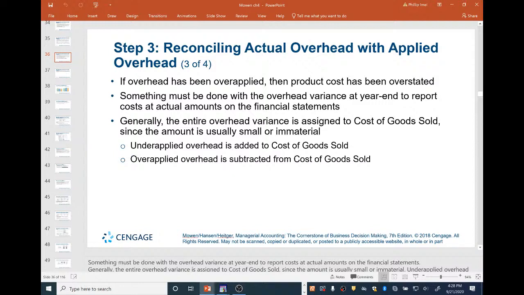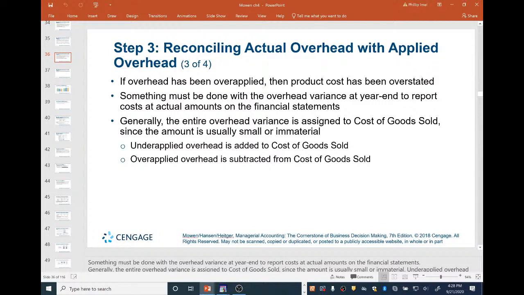So obviously at the end of the year, we have to do something with that variance, right? Usually if it's not a material amount, meaning it's really small, just a nominal amount, we just adjust the cost of goods sold at the end of the period, okay? That's how we're going to adjust for those variances between the actual and the applied.